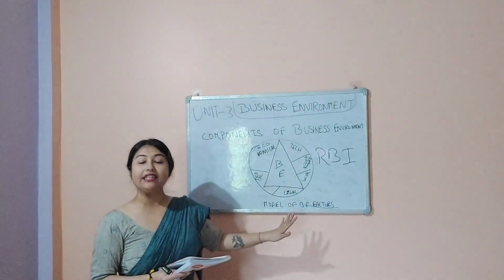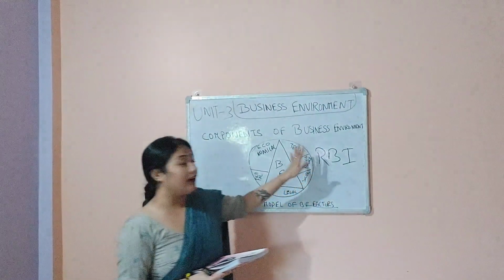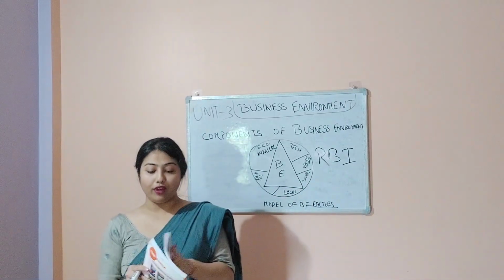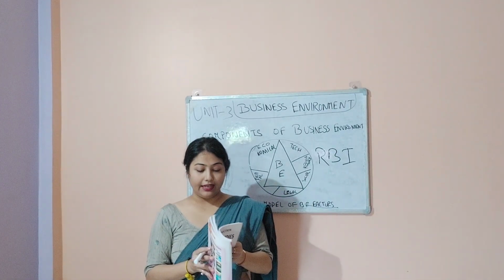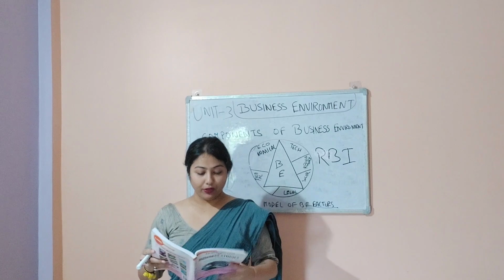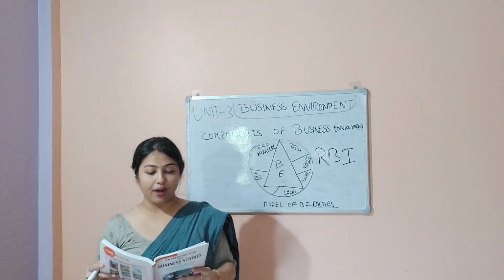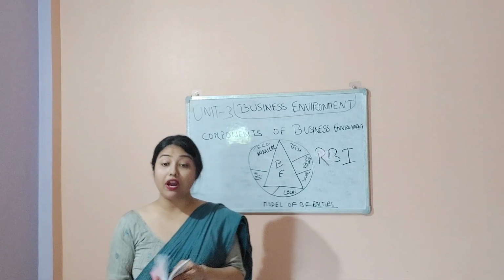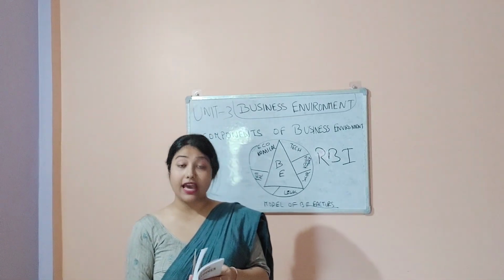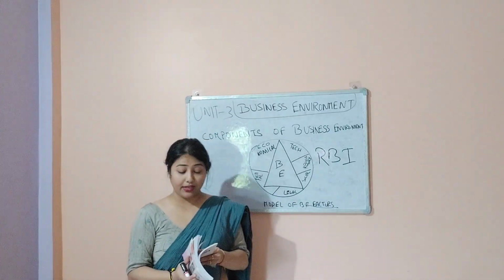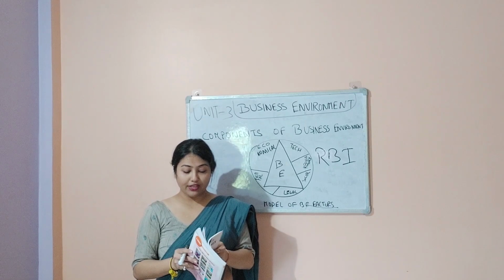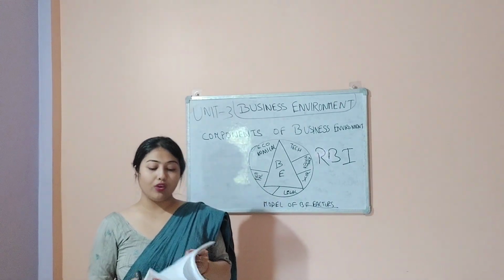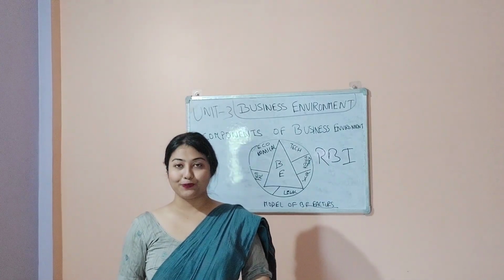I have explained it in detail with examples about the business environment, and furthermore in the next class I will come up with chapter 3, the economic environment in India. So this is liberalization, privatization, globalization, as I have mentioned, that I will explain. These are going to be explained in the next class, and then after this we will go to unit 4.